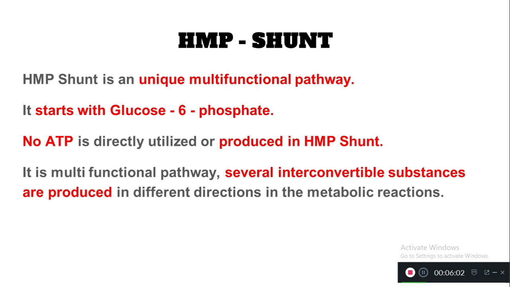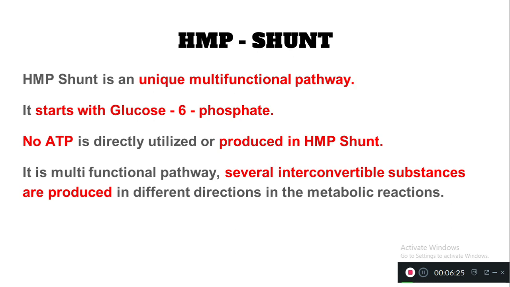So it is a multifunctional pathway. Several interconvertible substances are produced in different directions in the metabolic reactions. So during the pathway, various interconvertible substances are produced in different directions.